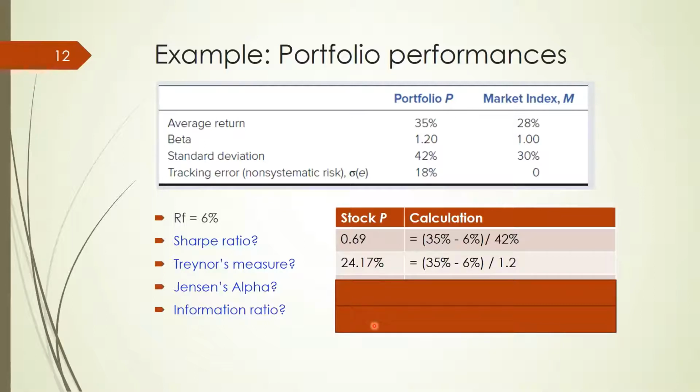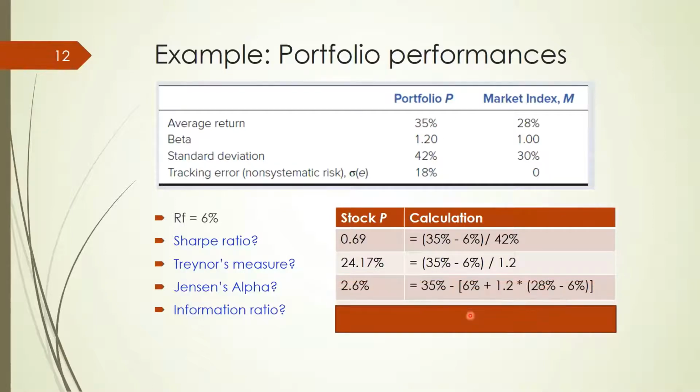Jensen's alpha is defined as the average return of the portfolio minus the expected return based on the security market line, which is the risk-free rate plus beta times the market excess return. The calculation shows this portfolio P earns 2.6% abnormal Jensen's alpha.